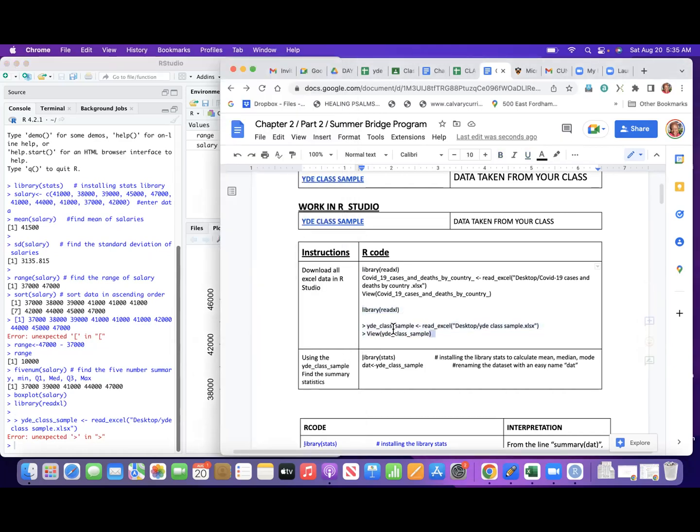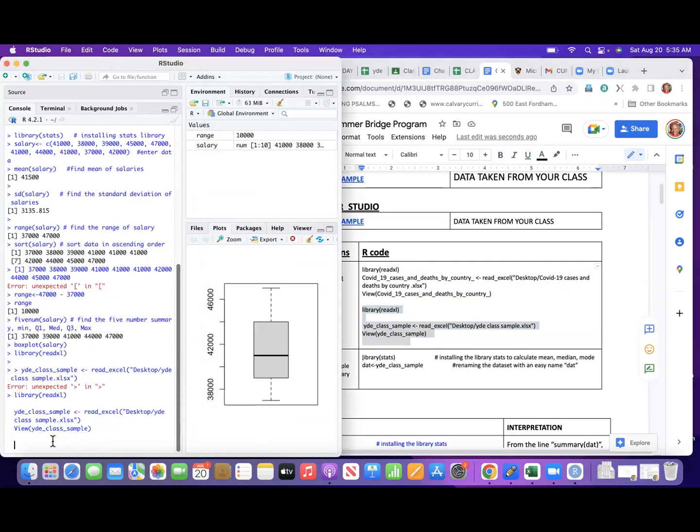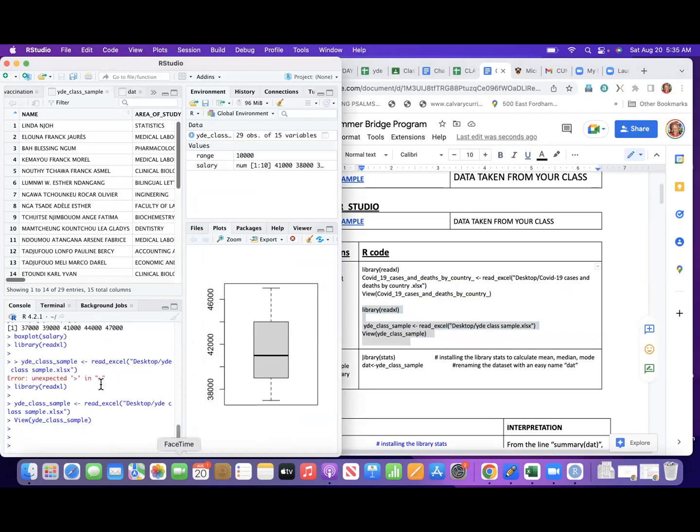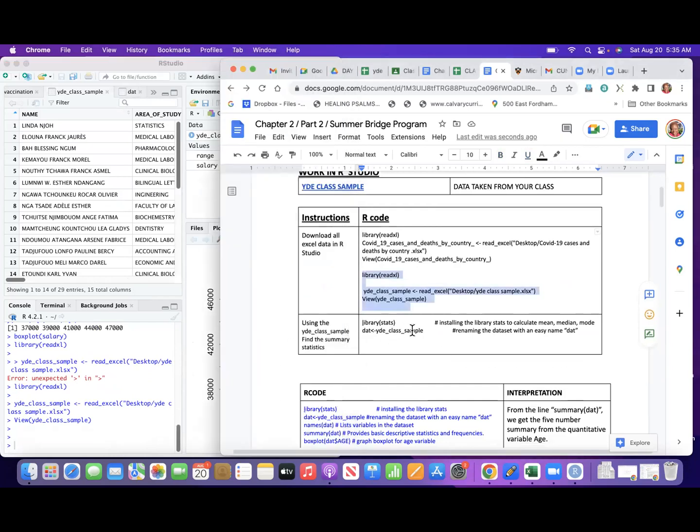Let's do this. All right. Remove these. And then let's start. Once you do that, it reads the data and shows you the data up here. All right. So you're pretty much ready to start.